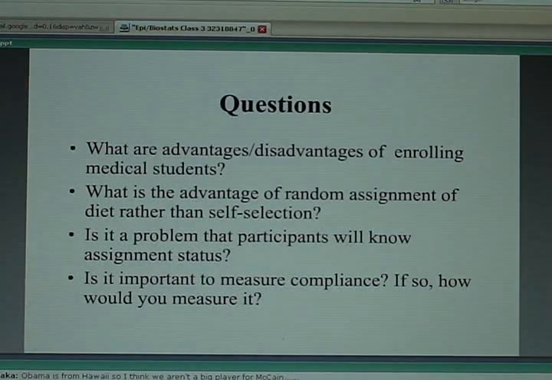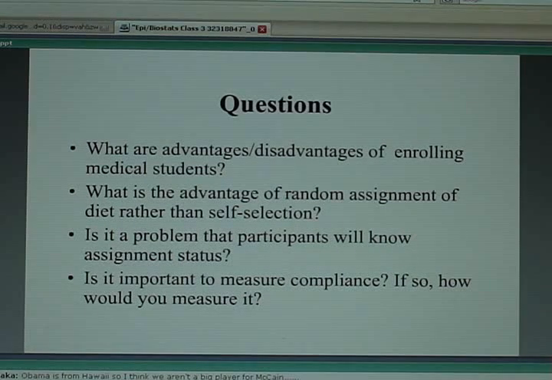I guess the reason the person among you who suggested this study chose them is you might think that medical students are more likely to say, yes, I'll agree to be in this study. I'll agree to let a coin determine what I'm going to be eating for breakfast and lunch for the next weeks or months.